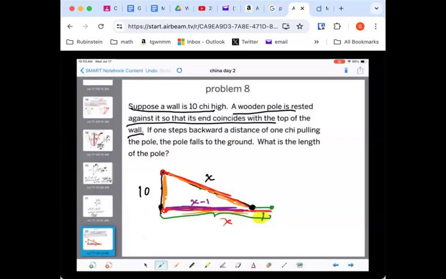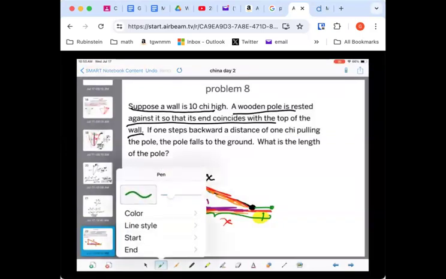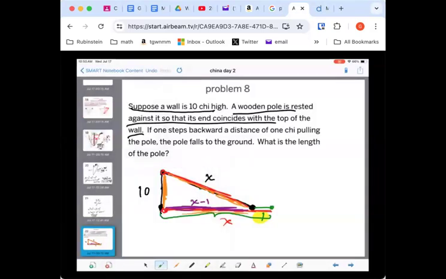And that's our picture. Why not X plus 1? Well, that purple line is shorter than the pole, right?